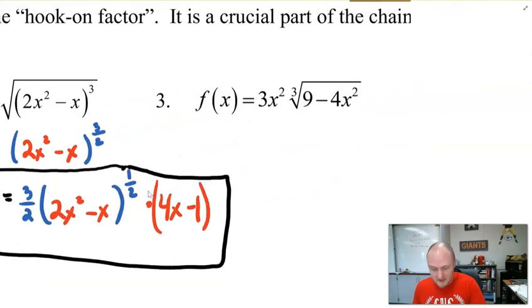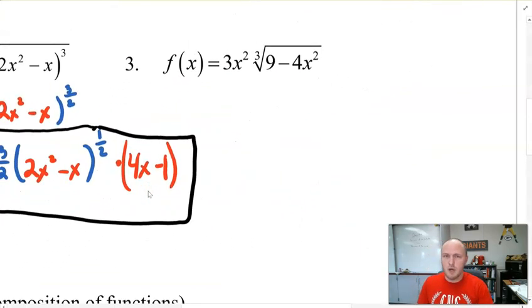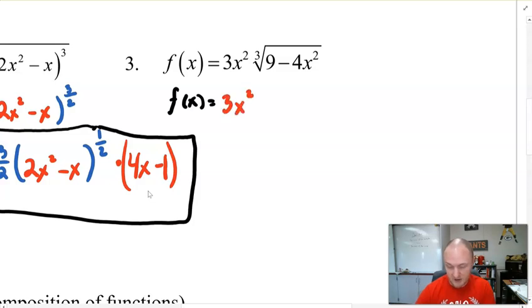Let's look at a more complicated example. In number 3, we've got quite a bit going on here. F of x is equal to, let's bust out the colors, 3x squared. What's implied here? It's implied that there is a multiplication. When I multiply, we're going to have to use the product rule.